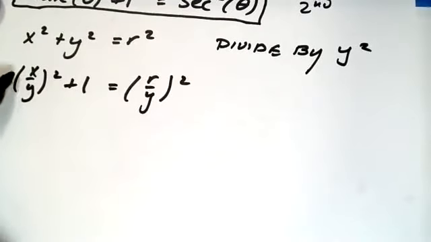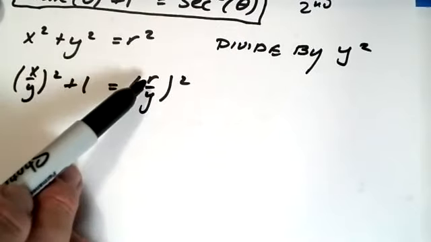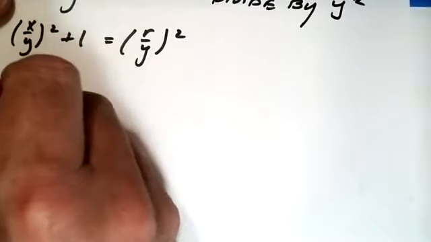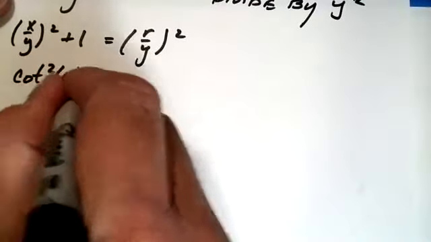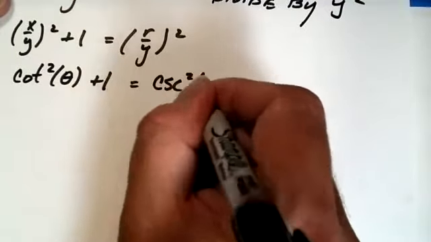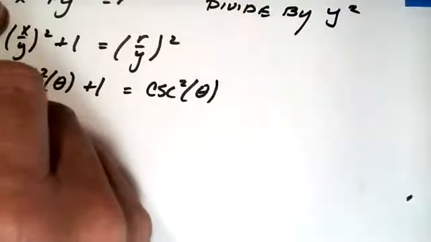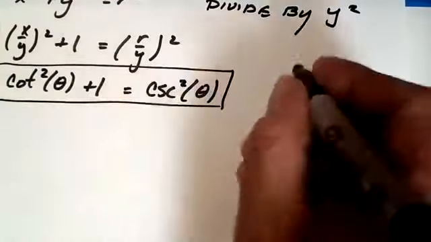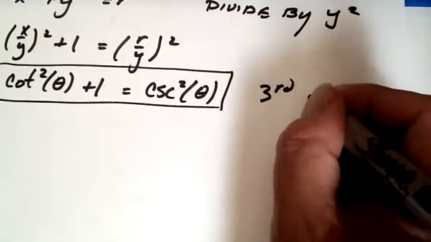And again, this is the definition of cotangent squared. This is the definition of cosecant squared. And so we end up with cotangent squared of theta plus 1 is equal to cosecant squared of theta. And this is the so-called third Pythagorean identity.